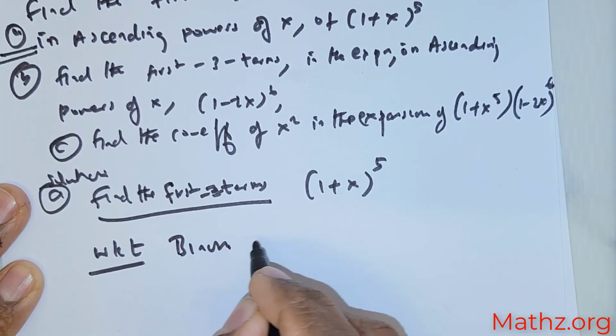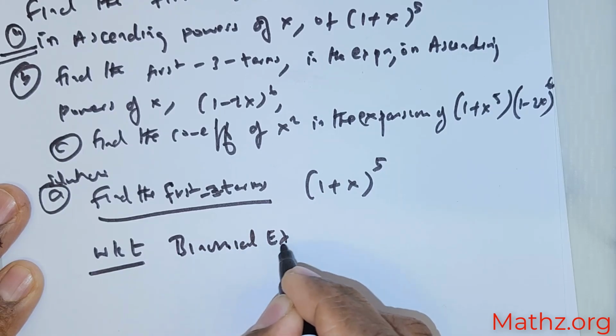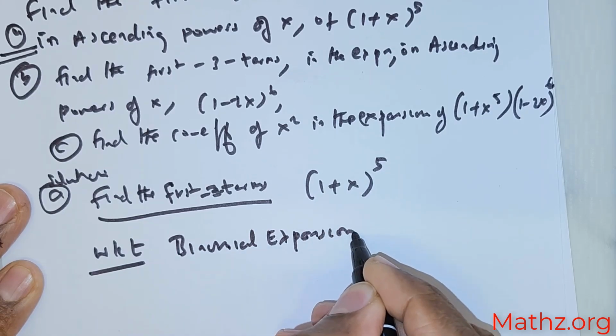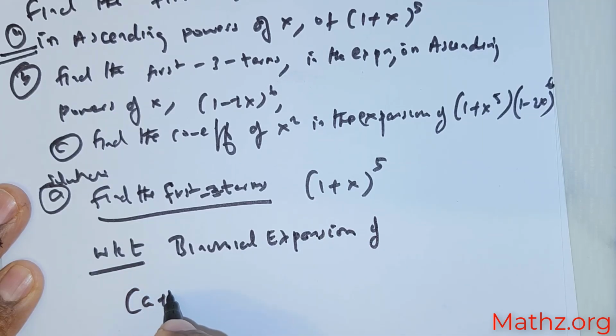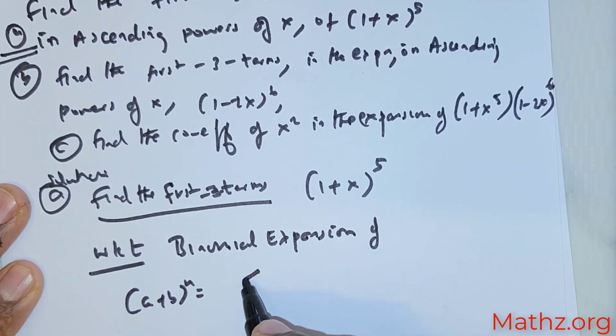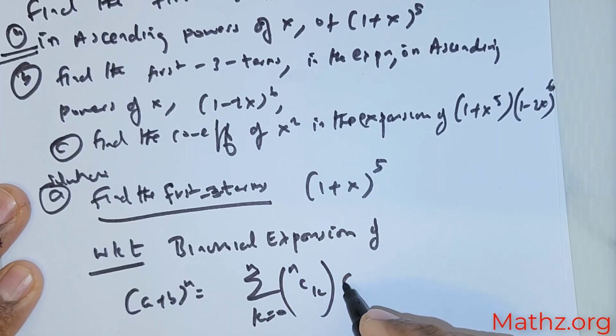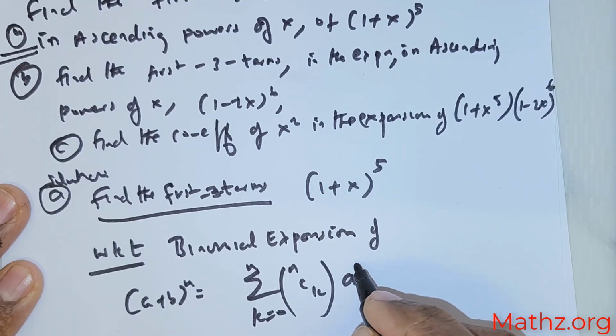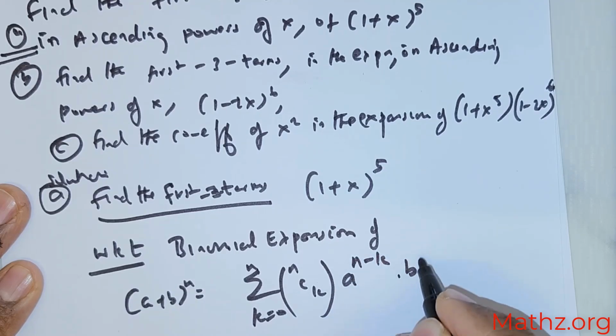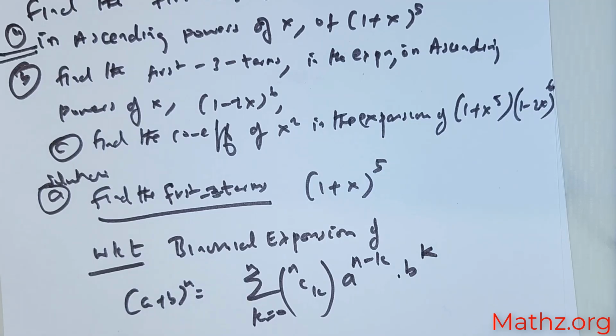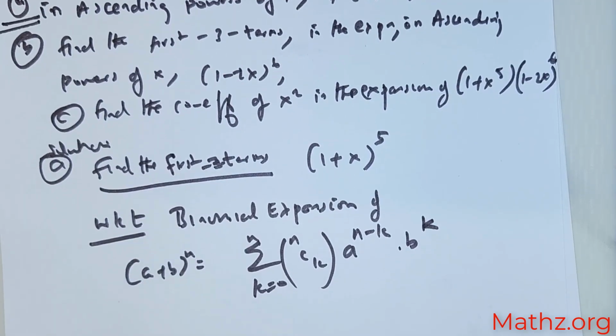What is the binomial expansion? Of (a + b) raised to the power of n, sigma k is equal to 0 to n nCk times a raised to the power of n minus k times b raised to the power of k. This is the binomial expansion we have.